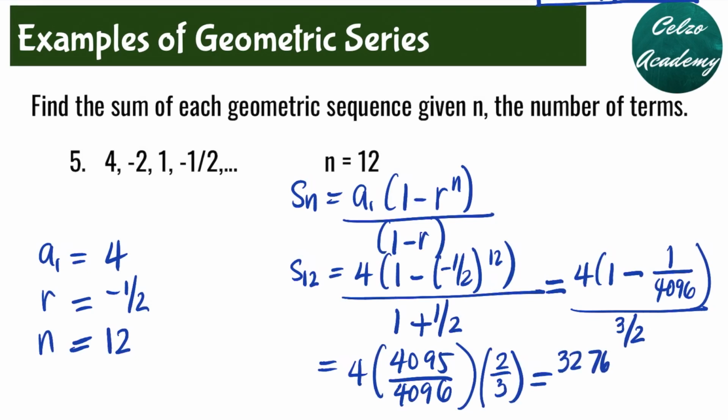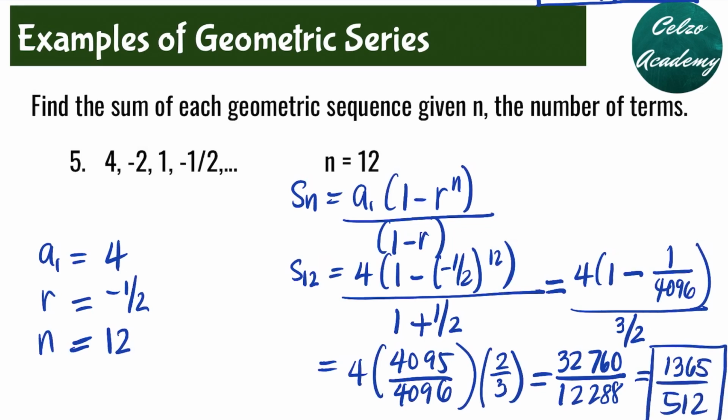That is 32,760 over. Multiplying 4096 and 3, we get 12,288. Simplifying this further, we have 1,365 over 512. This is the sum of the 12 terms of this geometric sequence.